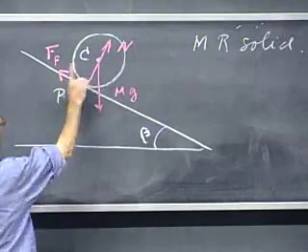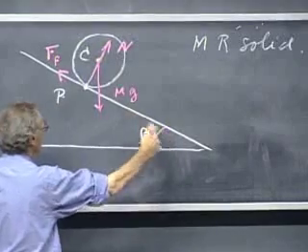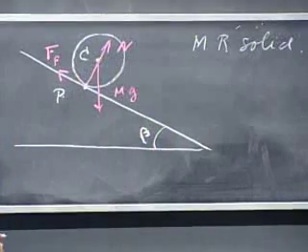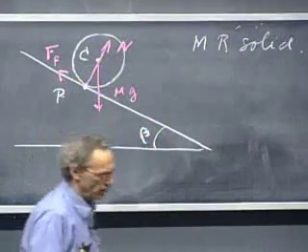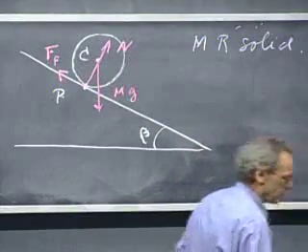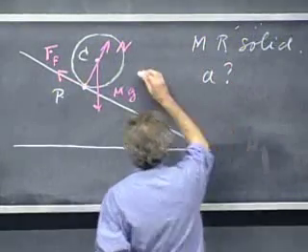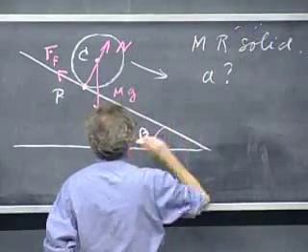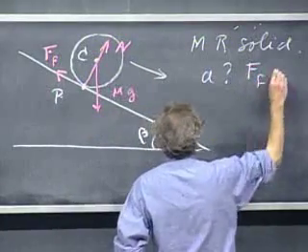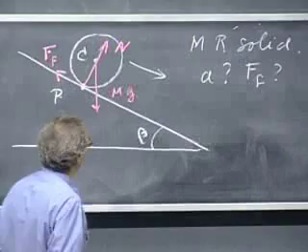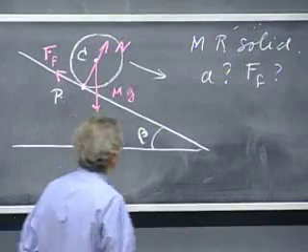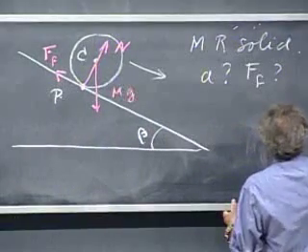But we normally decompose that in a direction along the slope and perpendicular to the slope. So these are the only three forces that this object is experiencing. And I can ask you now, what is a, the acceleration at which it goes down the slope? And I can ask you, what is the frictional force? I will ask you that under the conditions of pure roll.